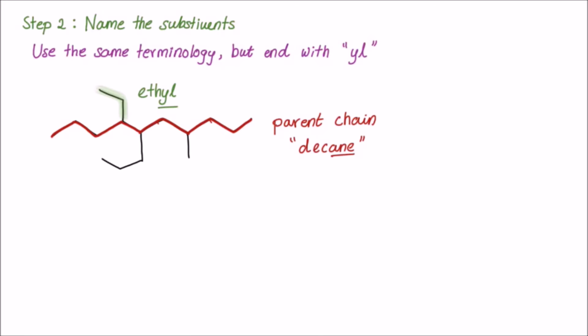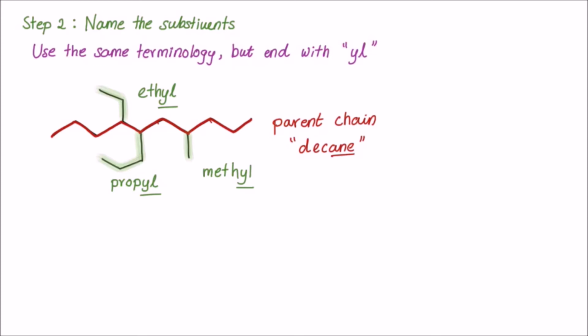Two carbons is eth, and since it's a substituent, it should end with the suffix -yl. So the name of the substituent here is ethyl. And the second substituent has three carbons, so we call that propyl. And the third substituent is methyl.